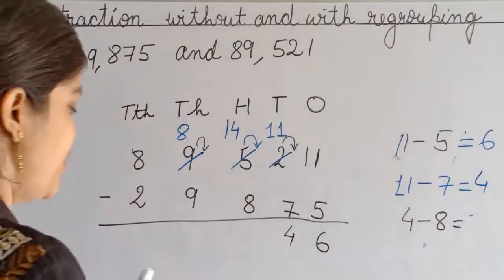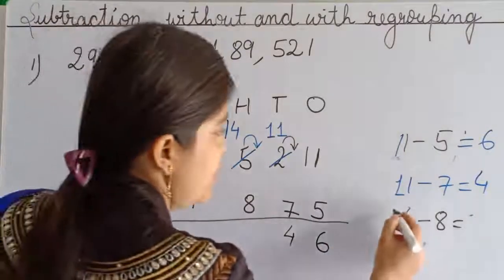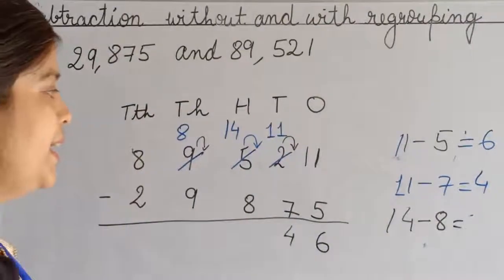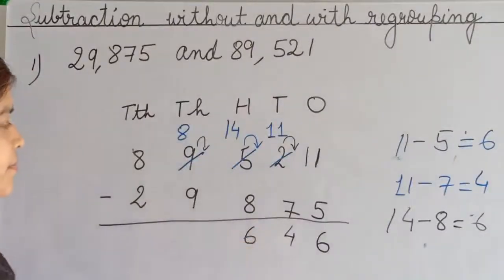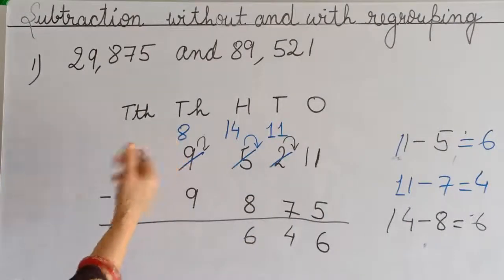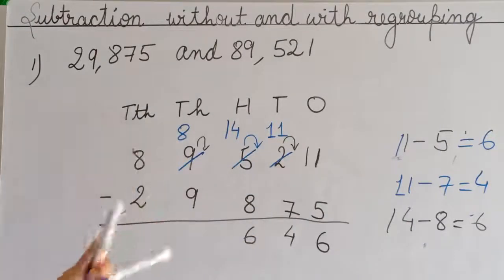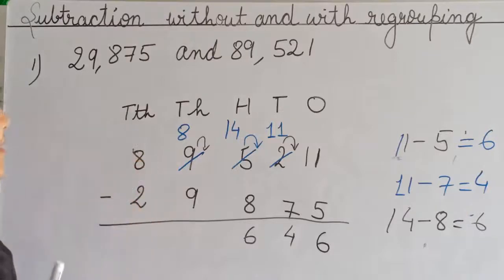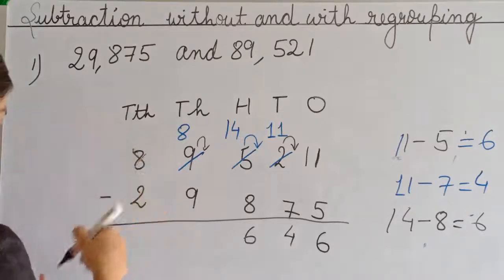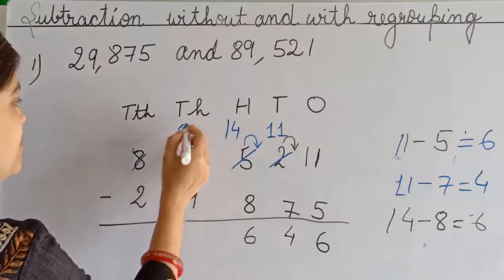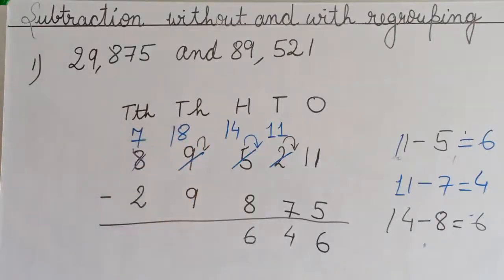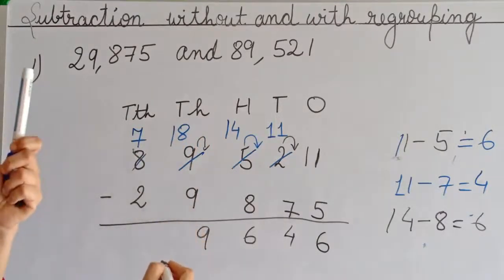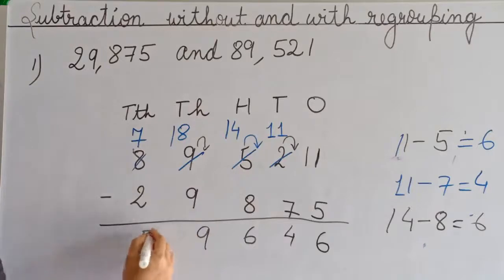So now we can subtract 8 from 14 and it will be equal to 6. So here it is 600. Again, 8 is smaller than 9. Again we have to borrow from here and it will become 18, and this will become 7. Now 18 minus 9 is equal to 9 and 7 minus 2 is equal to 5.